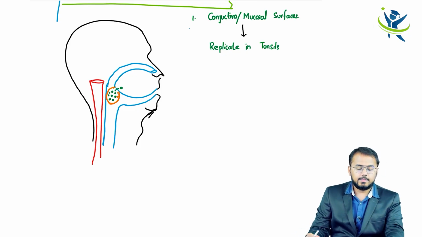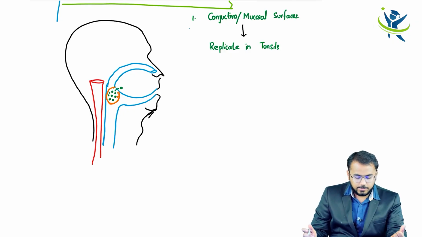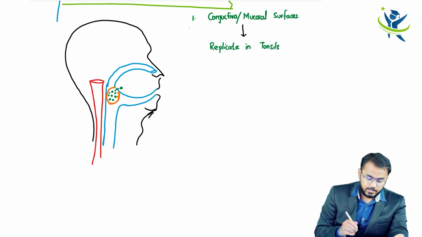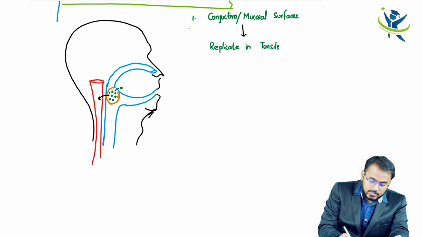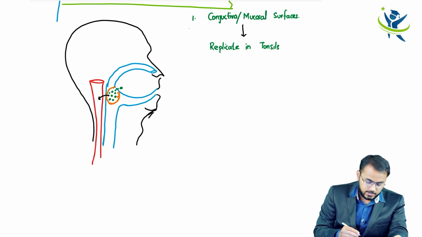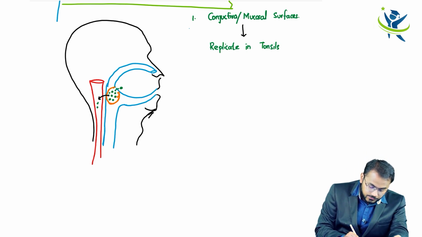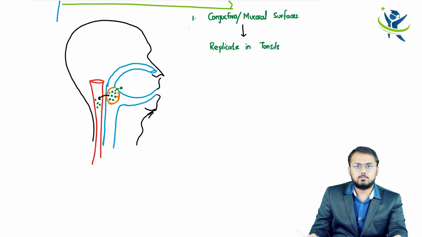It starts replicating in the tonsils. So once it starts replicating in the tonsils, what is it going to do? From the tonsillar area, this virus will jump into your bloodstream. So right now the virus is within your bloodstream like this.